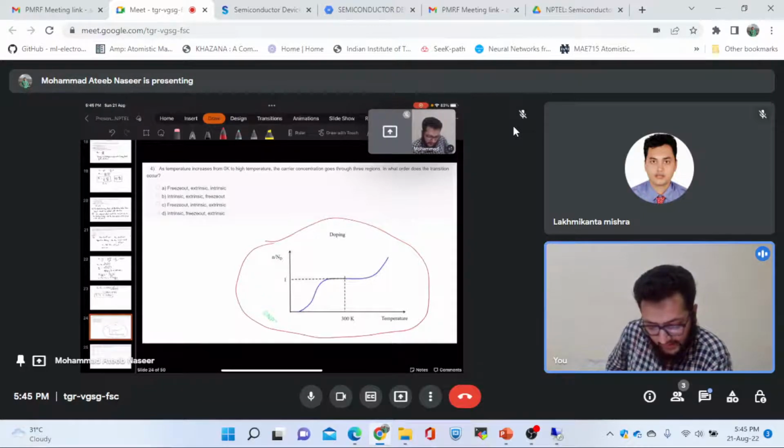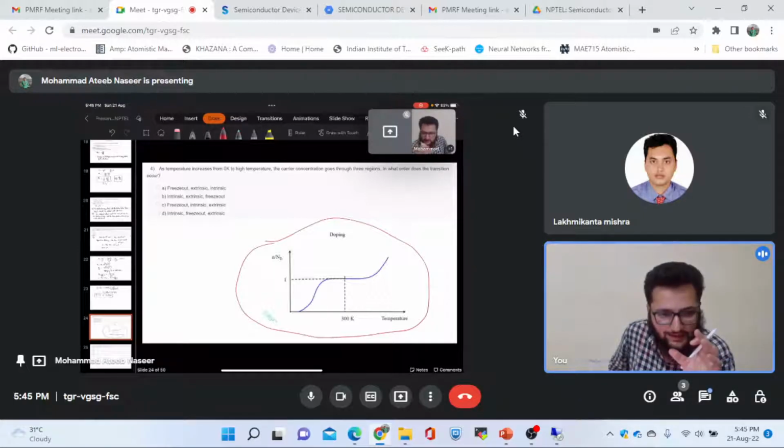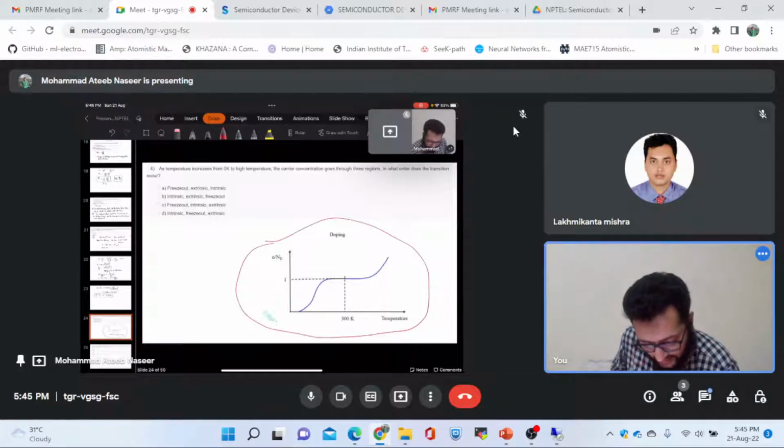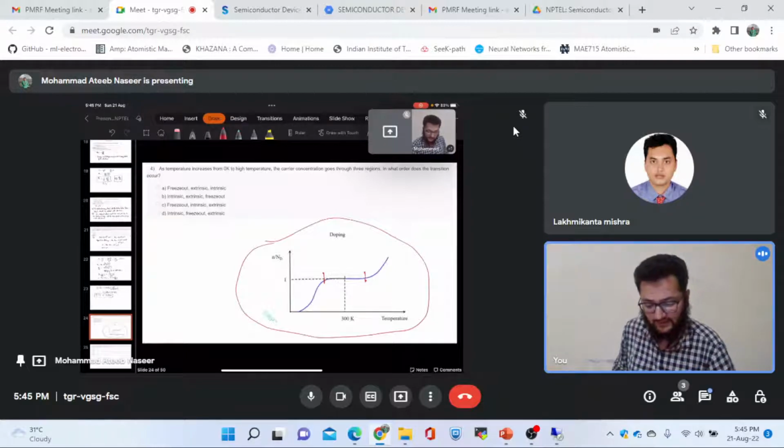At low temperature, there will be very few carriers, so there is a kind of freeze out here. As we increase the temperature and move towards room temperature, the curve flattens, and this is the extrinsic region.